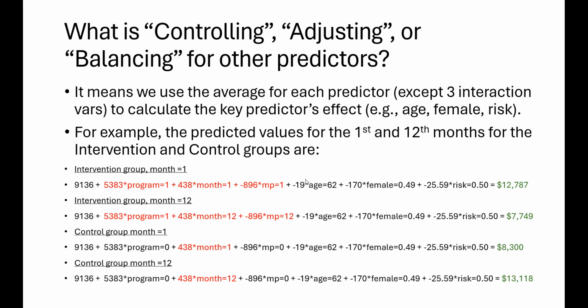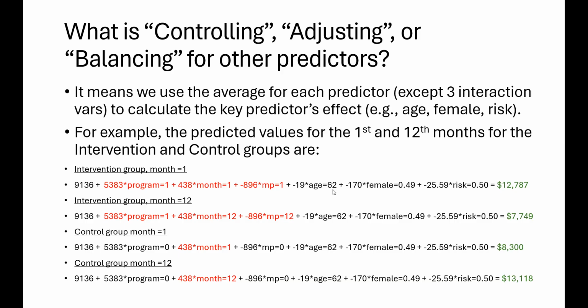But when I'm calculating the effect of our program, I'm controlling for age equals 62. And you'll see in each of these examples, age equals 62. So that's what we actually mean by controlling for age. And female, there's 49% female. Risk is about 0.50.